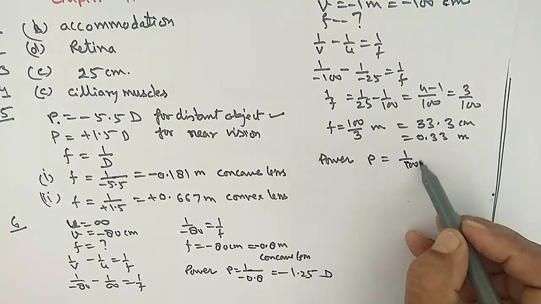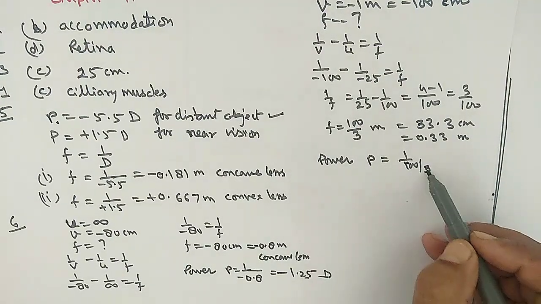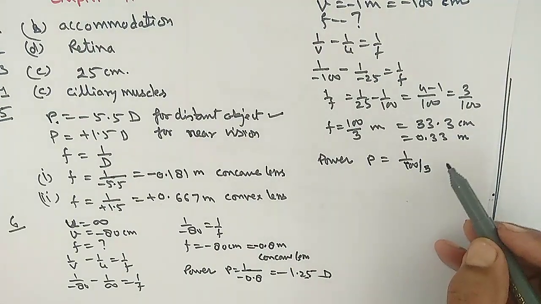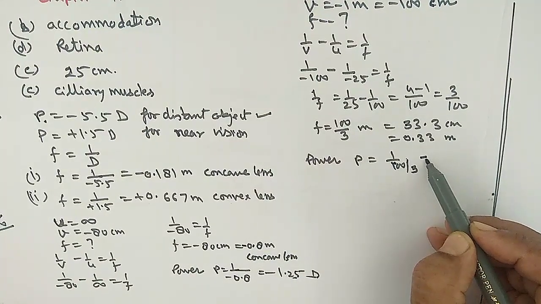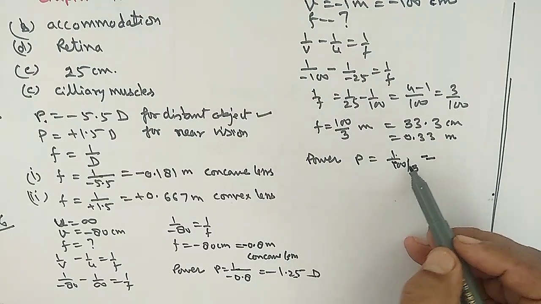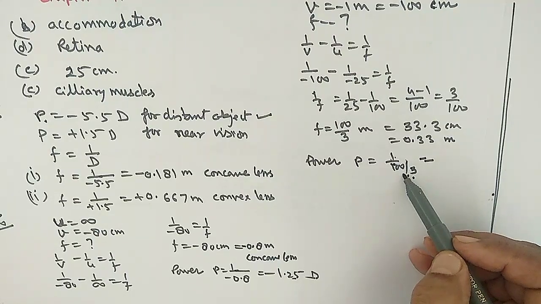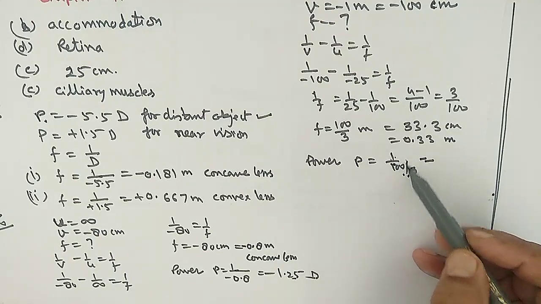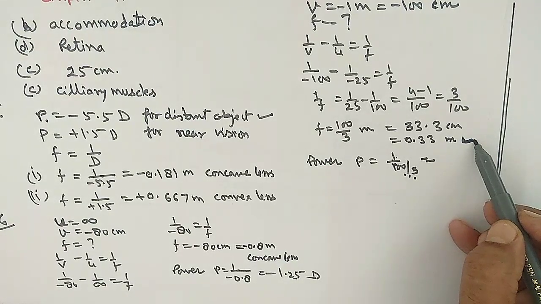So put the values of F. It is 100 upon 3, and because it is in centimeter, you have to write this value in meter.